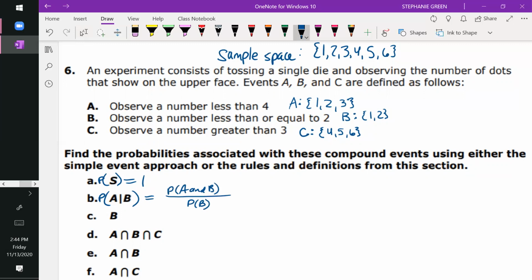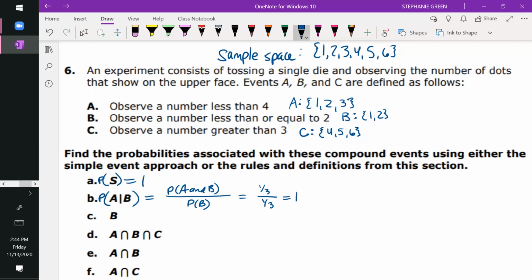I think so. Yeah. So the probability of A and B, well, there's 2 outcomes I see in both A and B. That's the 1 and the 2. So 2 out of 6, 1/3. Over the probability of B, which is still, again, just 1 and 2. 2 out of 6, which is 1/3. So again, we get 1.